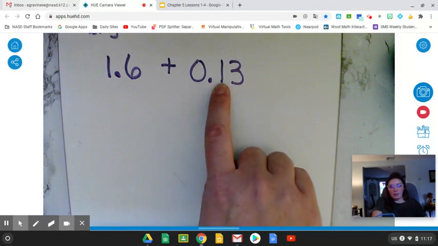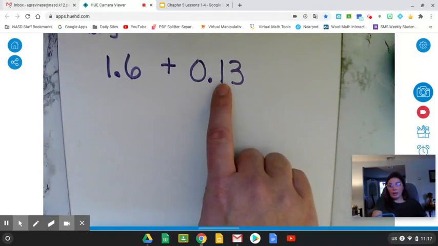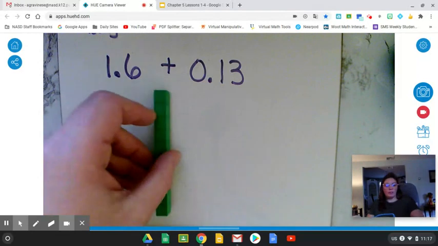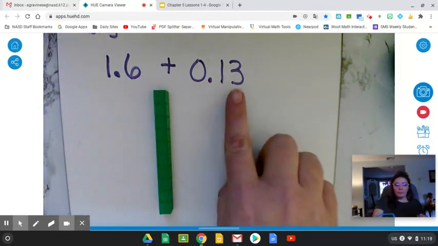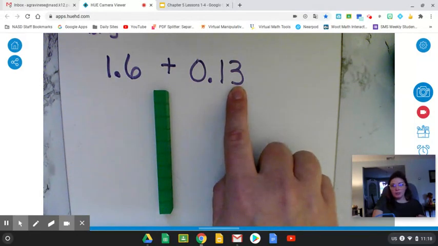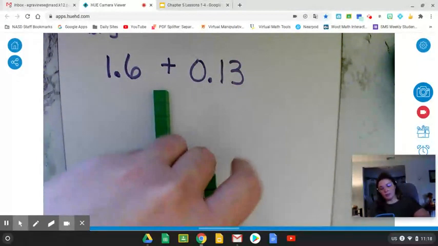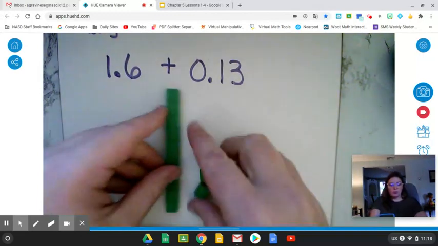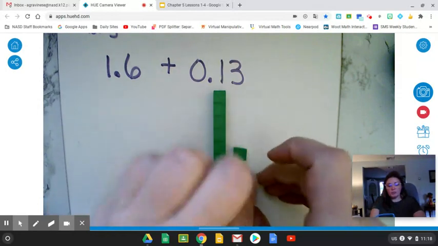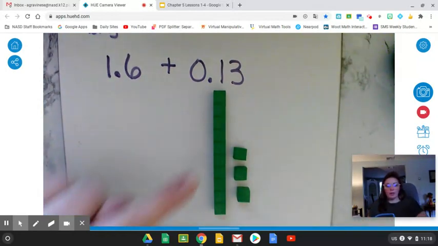In my tenths place, I have 1, so I need to bring in 1/10. In my hundredths place, I have a 3, so I need to bring in 3/100ths. So to model 13/100ths, I have 1/10 and 3/100ths.